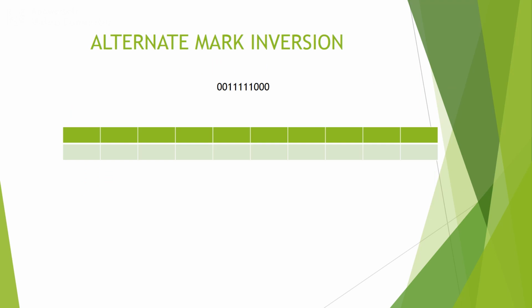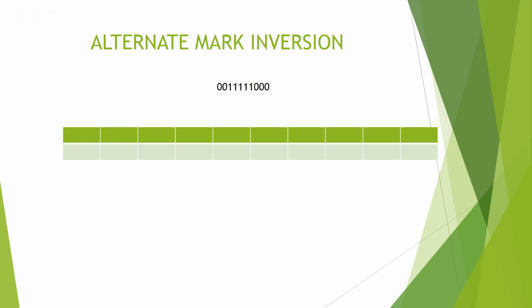Alternate mark inversion. In the case of AMI, neutral 0 voltage represents binary 0, and binary 1 can be represented by alternating positive and negative voltages.